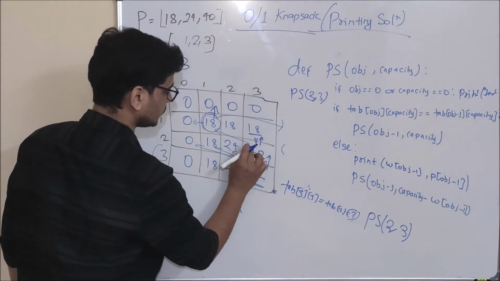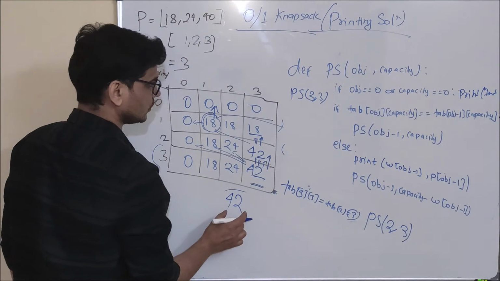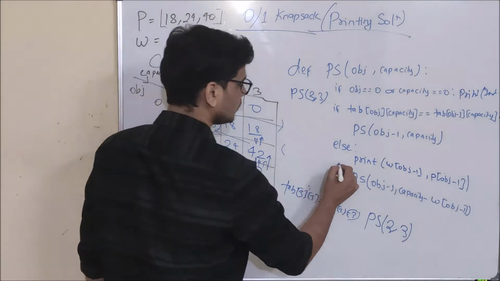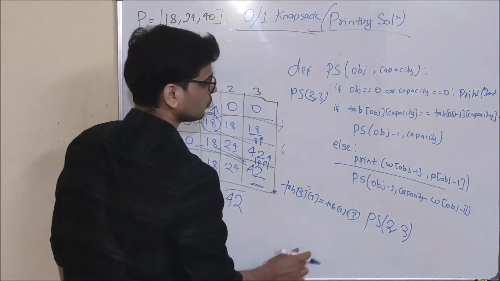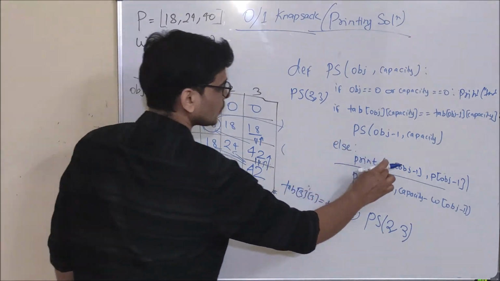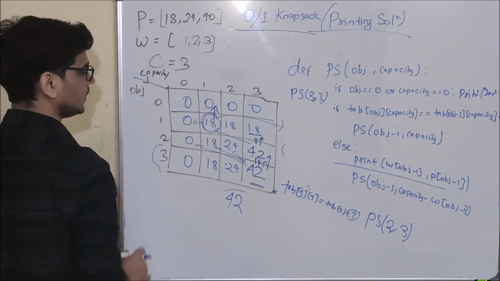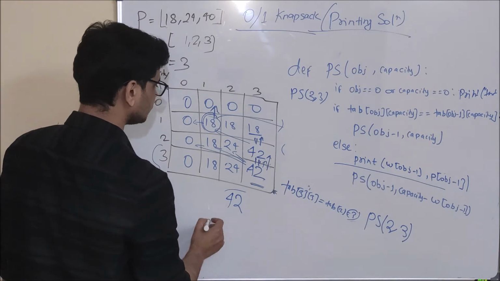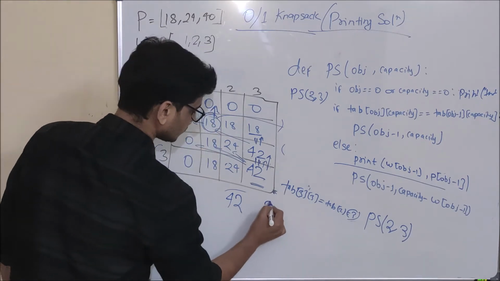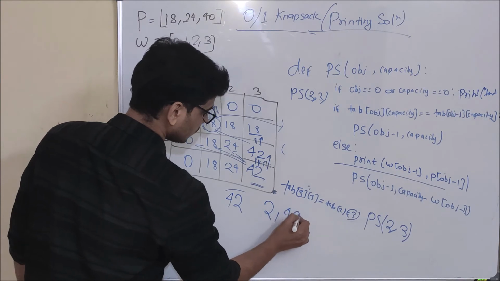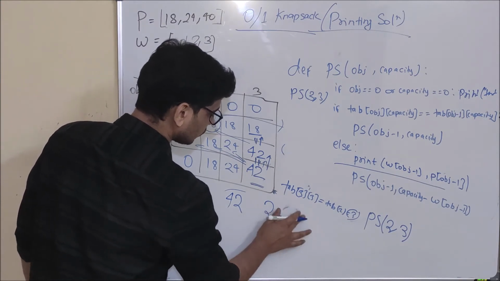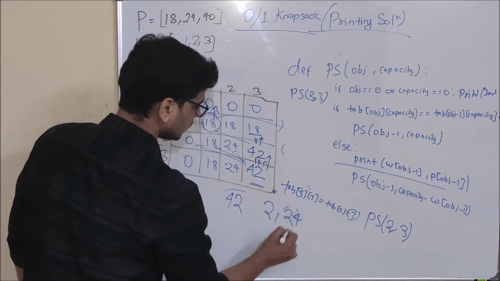So you can see these two are not equal. So basically what I am going to do here is print the object's weight and its profit. So I have taken the second object, its weight is 2 kg and the profit from this particular object is 24 units.